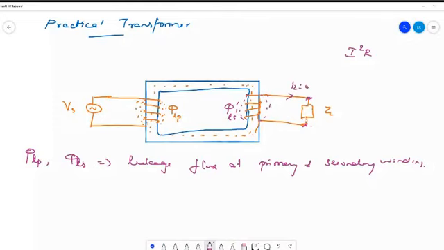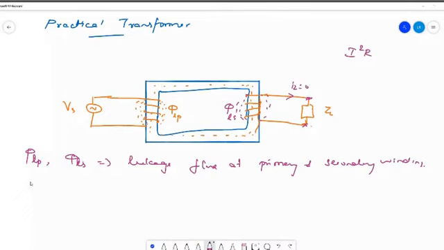Because this is open circuited, when this I2 or IS is equal to 0, we assume that IP should also be 0. But in reality that does not happen, because even when this is open circuited, there will be some amount of current flowing here, which we can call the no load current.